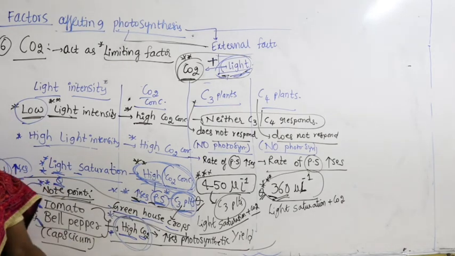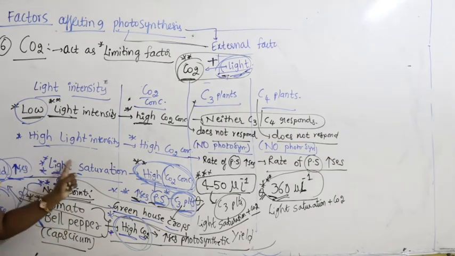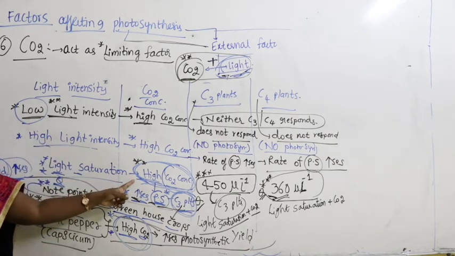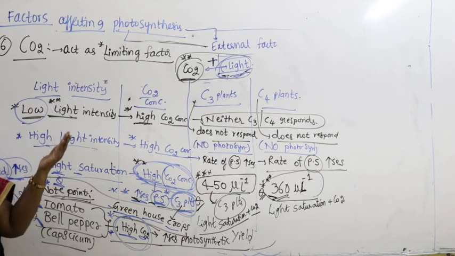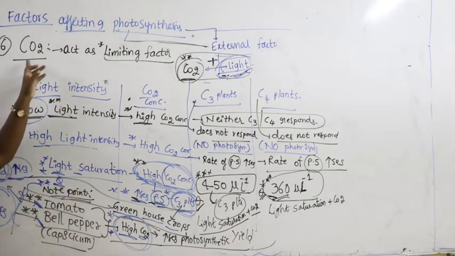They belong to C3 plants. This is one of the good examples that high light intensity and high carbon dioxide drastically increase the rate of photosynthesis in case of C3 plants. Very important. Okay. So, if you take carbon dioxide and light, again regarding carbon dioxide we will come back to the last point again.